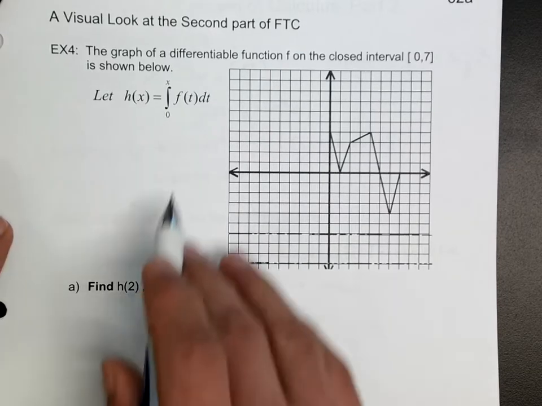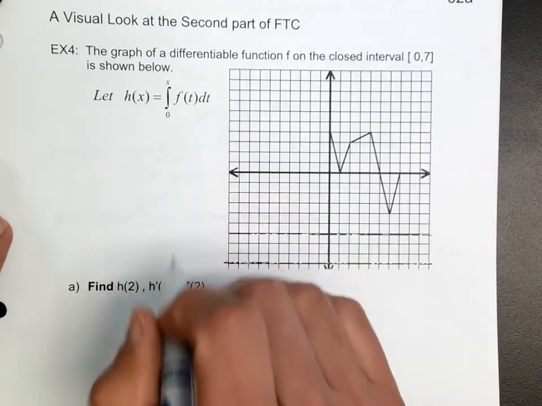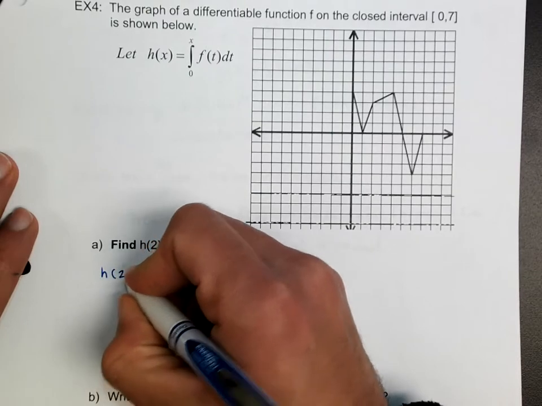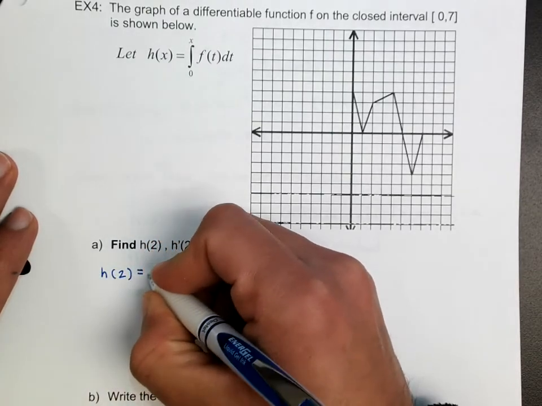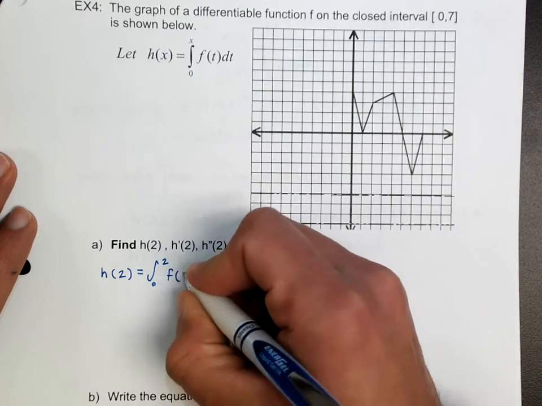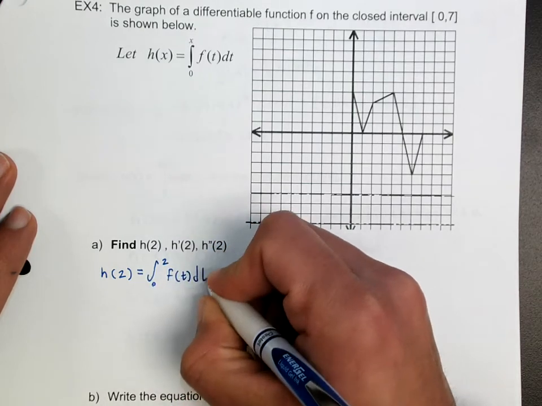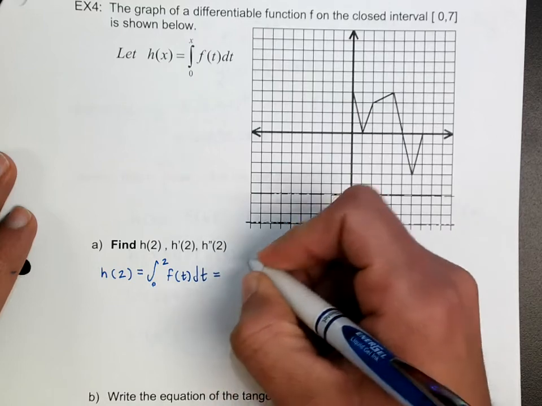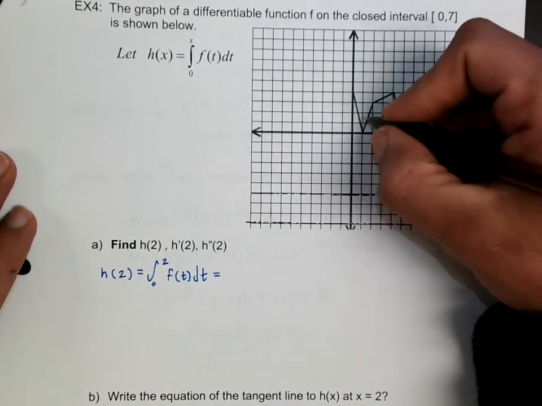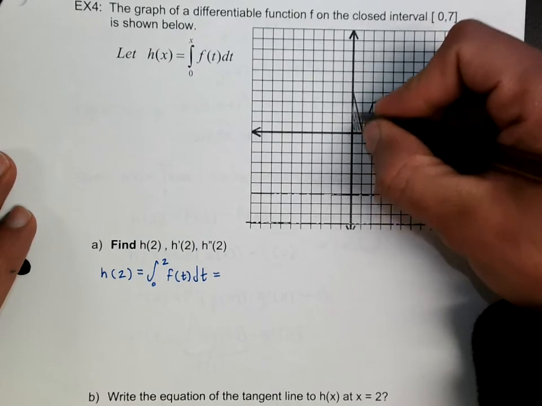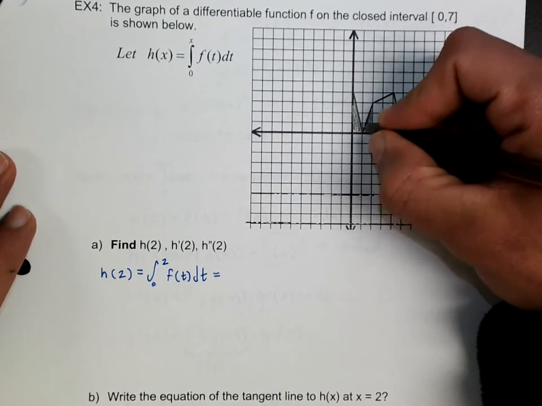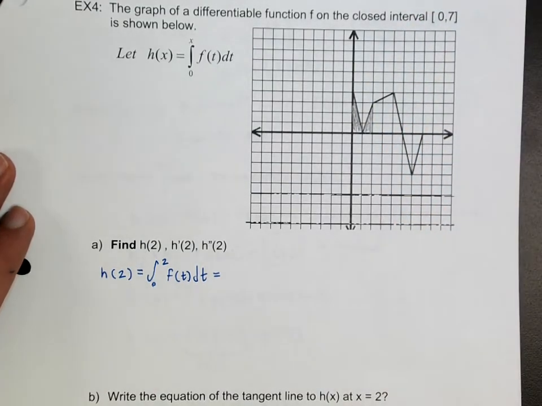We know that h of 2 is the integral of this, correct? So h of 2 is equal to the integral of f of t dt. Since we don't actually have the function, we have to do it geometrically, so we're going to find the area between 1 and 2, the area of those two triangles.